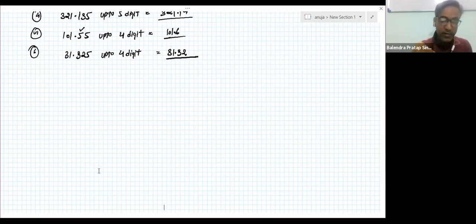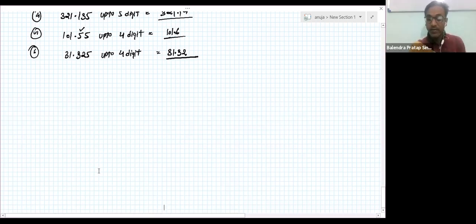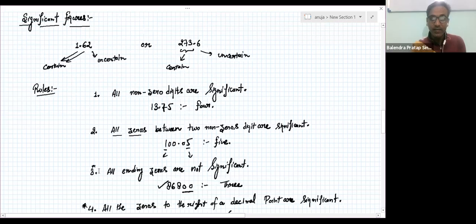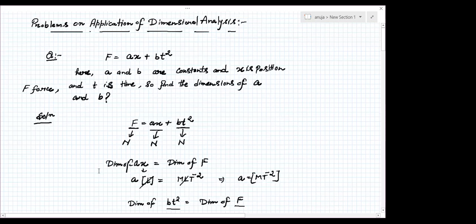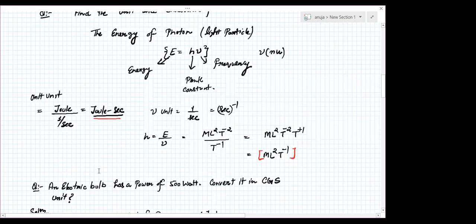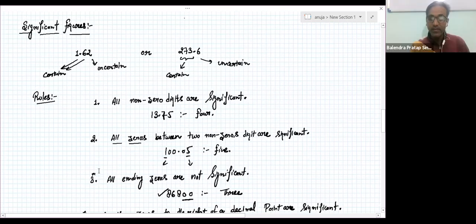So today what we have studied: first we did some numericals, some problems based on application of dimension analysis.